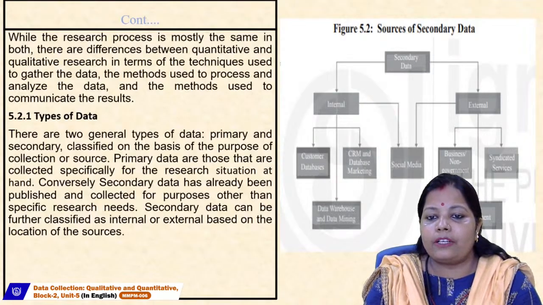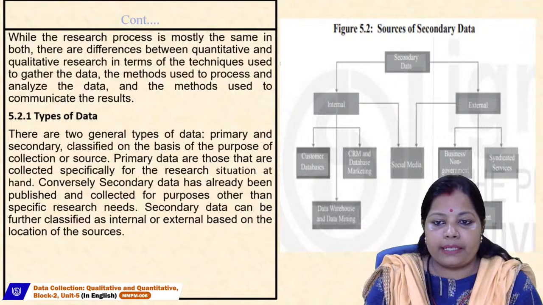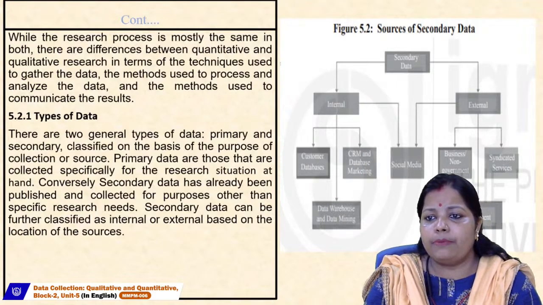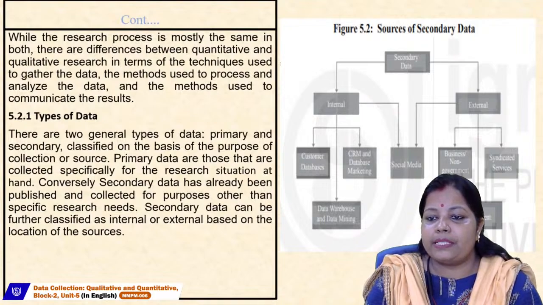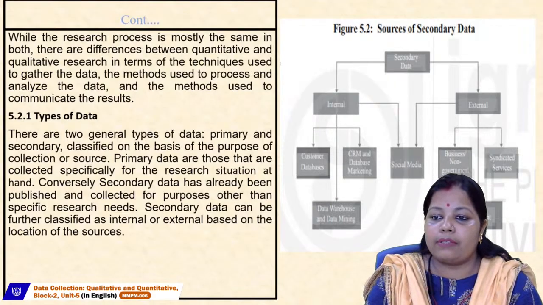Again, internal data are of three types: customer database, then data warehouse and data mining, and CRM and database marketing. In the same way, external data is business or non-governmental data source, or government data source, or third one is syndicated services.